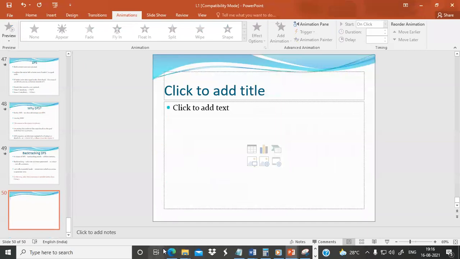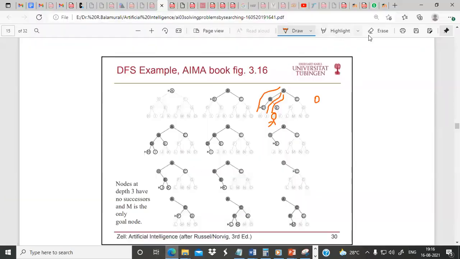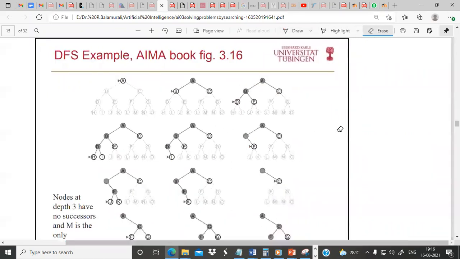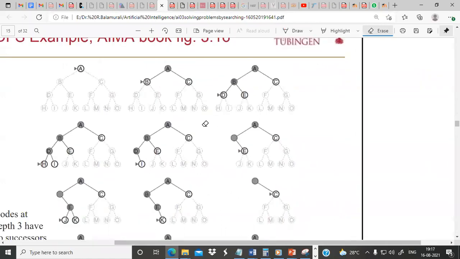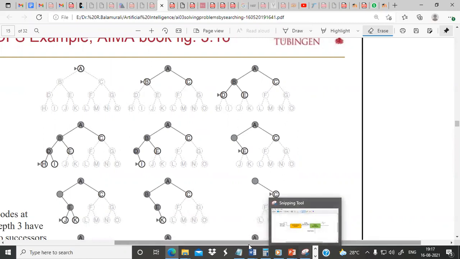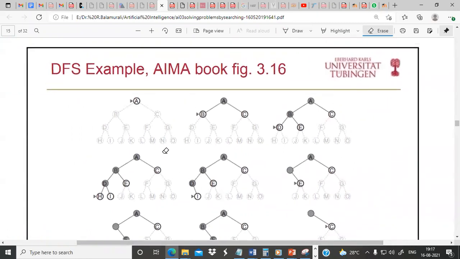So let us discuss something beyond this. Let us try to understand the working mechanism of DFS. This diagram shows the graph we want to search using DFS. First we start with the root node.